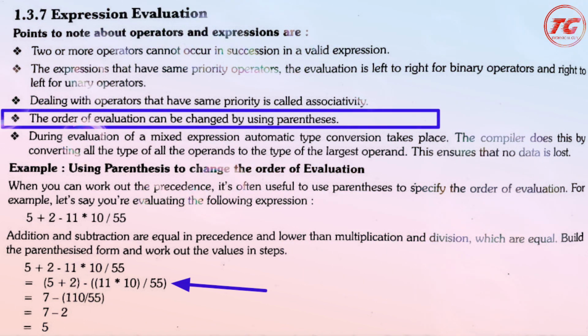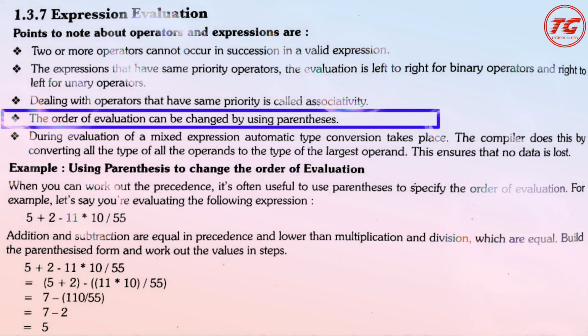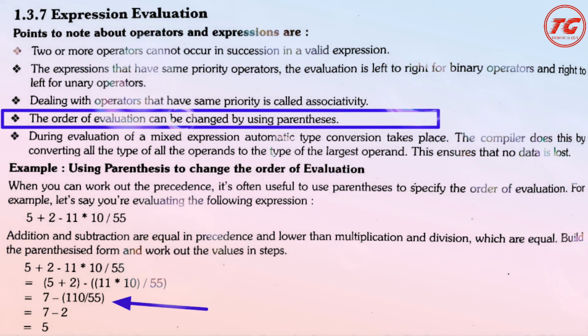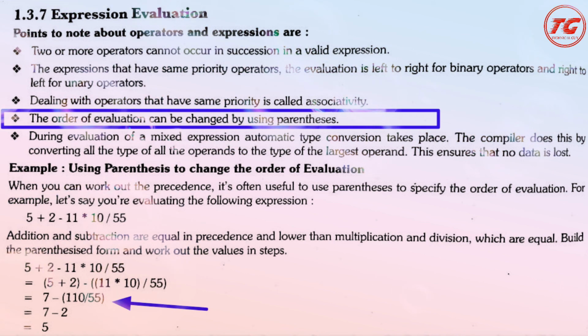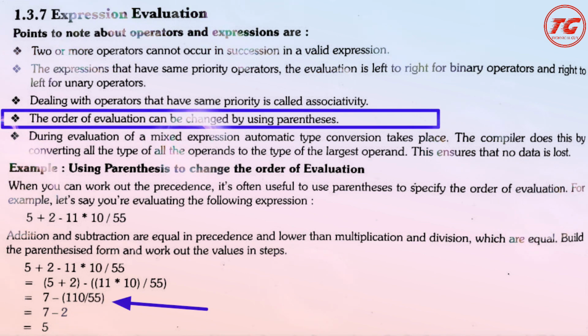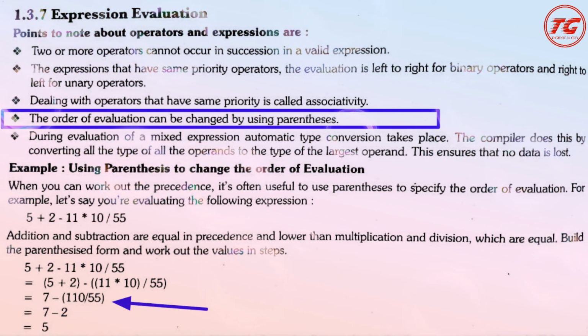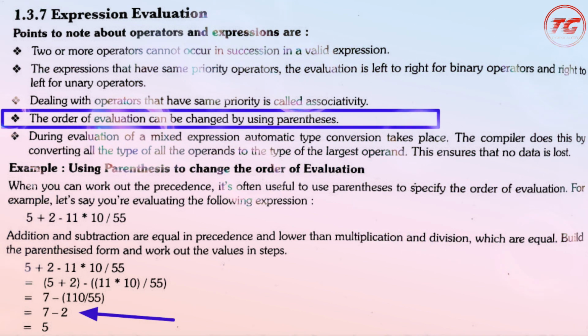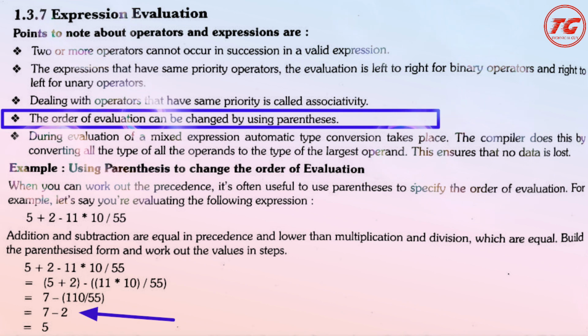So we have enclosed two sub-expressions. The inner expression will be solved first, then the outer. Firstly 5 plus 2 gives 7, then 11 into 10 gives 110, then division by 55 gives 2, and 7 minus 2, 5 will be the answer.